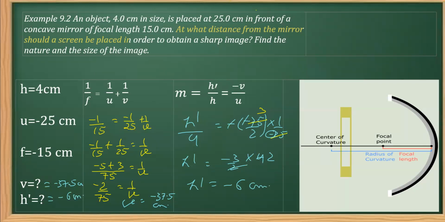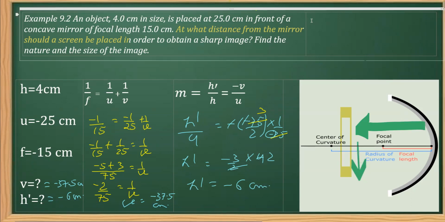Once we got the image distance, that will be equal to the screen distance. So we'll say that the screen should be placed at a distance of minus 37.5 centimeter, and the image formed will be inverted. As you can see, we are getting a minus sign here.